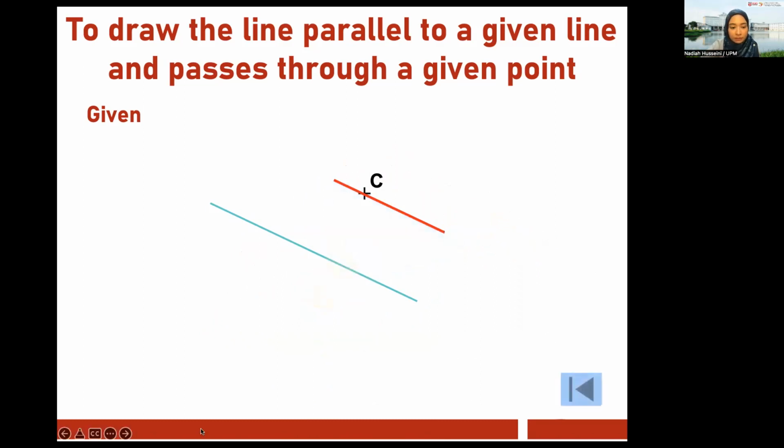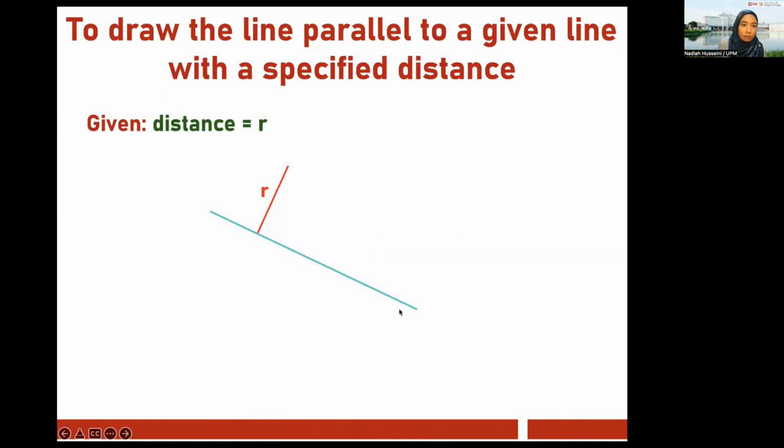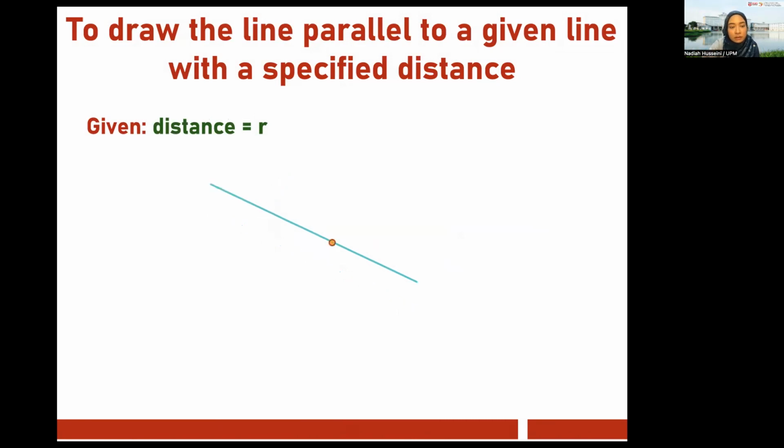I'm recording, right? Yes, okay. And how do we draw a line parallel to the given line with a specified distance? Whenever you have a specified distance, they always like to use the compass. So how do we do this? First, you have a distance R. Make sure you measure the compass radius with your ruler or your triangle and make an arc.